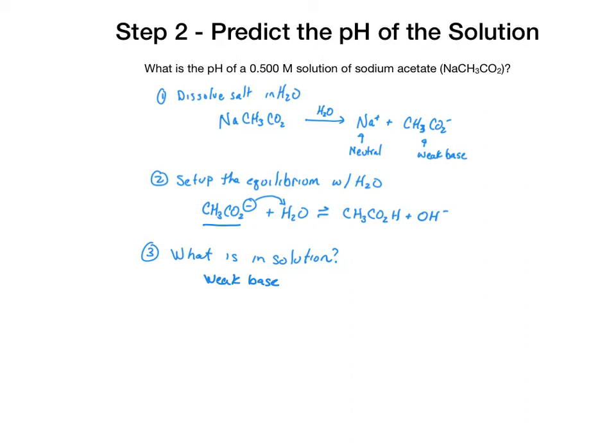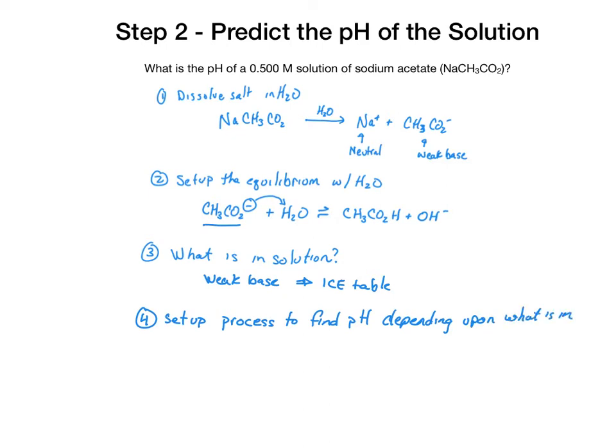Now, to find the pH of a weak base, we need to use an ice table. And so step 4 is to set up the process to find pH depending upon what is in solution. So for us right now, we're going to set up an ice table.